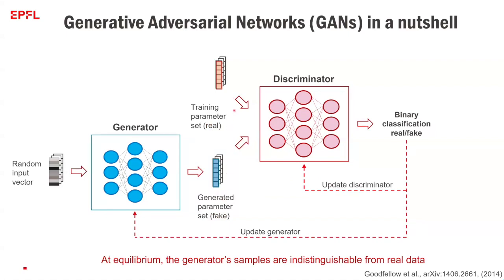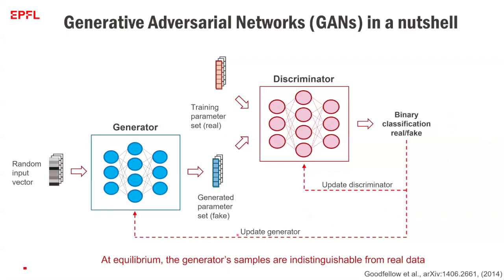And based on the decision of the discriminator, I mean the curator, we can use this information to improve the knowledge, the experience of the curator, but also we use this information to improve the knowledge of the forger, because if the forger knows that the previous synthetic data set didn't pass the test, he has to improve. So, if you see, it is in fact a zero-sum game. One is trying to outcompete the other.